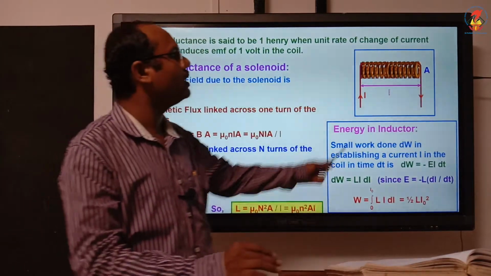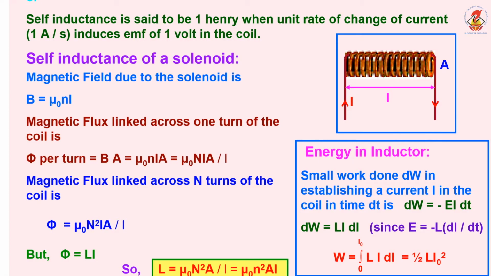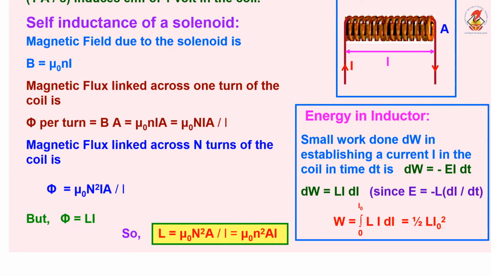Here there is a solenoid having capital N number of turns and I is the current flowing through it. I take one turn. We already know the magnetic field due to the solenoid is B equal to mu 0 n i, where small n is capital N by L. Now we are taking one turn and we are going to find the magnetic flux linked across one turn of the coil.